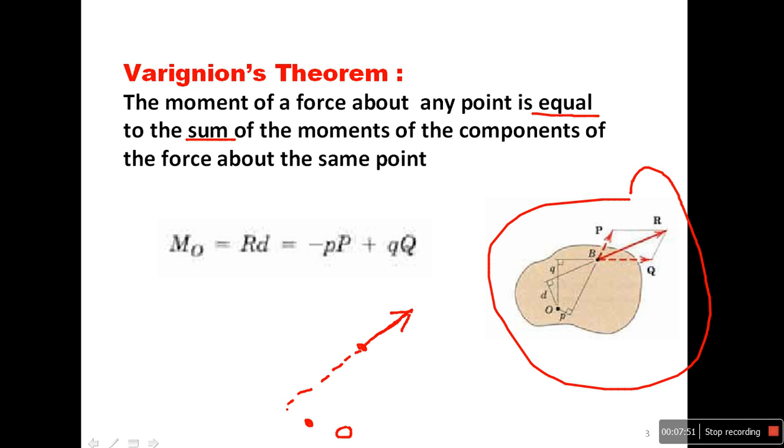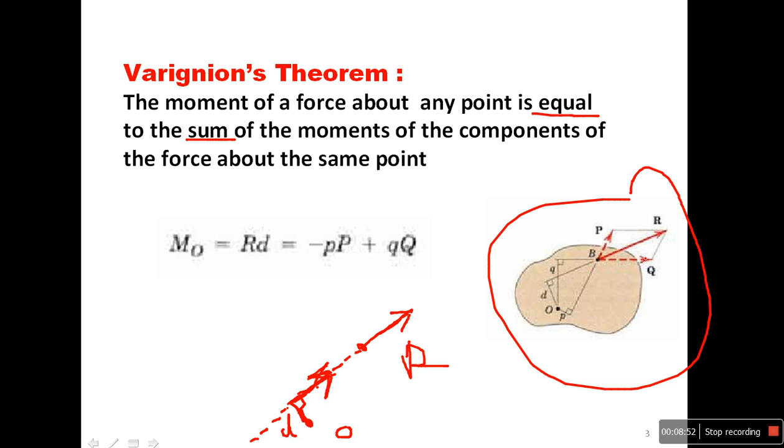I can draw a line from O perpendicular to the line of action. This distance I call D. So F multiplied by D, or R multiplied by D, is the moment about O.